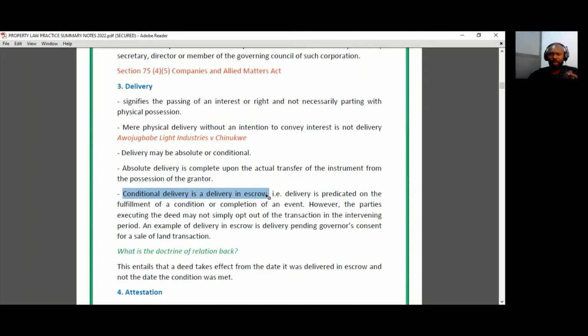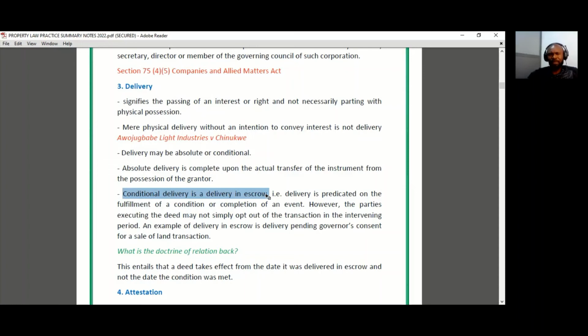So you see that even when the parties have concluded, where I have agreed and we've executed a deed conveying my interest to you, delivery is not complete yet. Why? Because the consent of the governor is not yet obtained. And until we've applied and obtained governor's consent, that is conditional delivery, it's delivery in escrow.